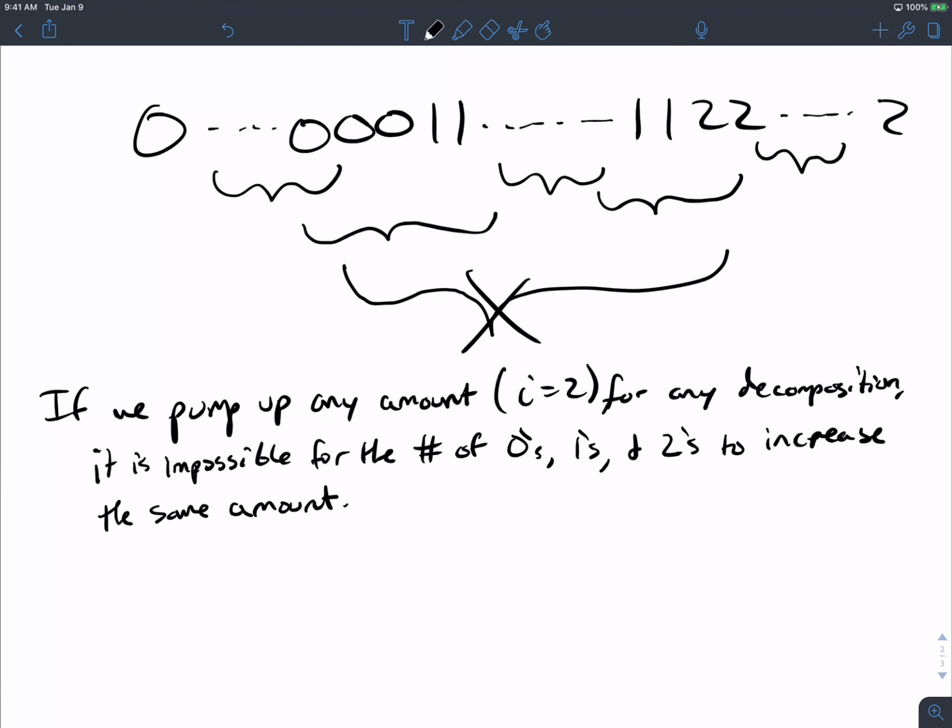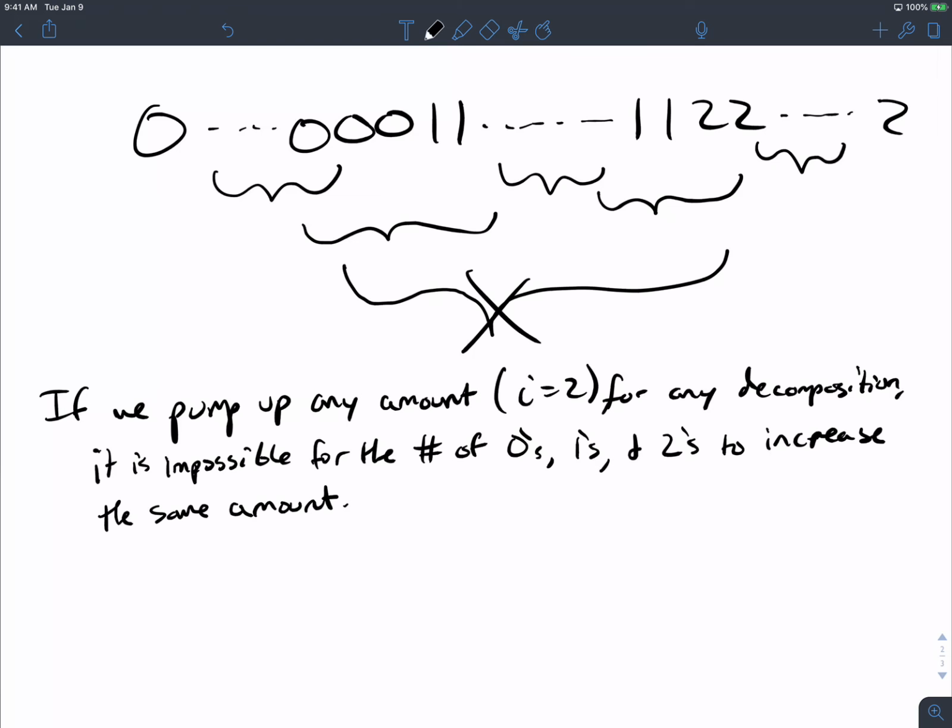If it's just in one of the 3 parts, then we're out of the language, because the other 2 sets of those symbols don't change numbers, only the 1 does. And if we pump in just 2 of them, then the 3rd one is left unattended. And the case of if we want to pump in all 3, that's impossible due to the length requirement.